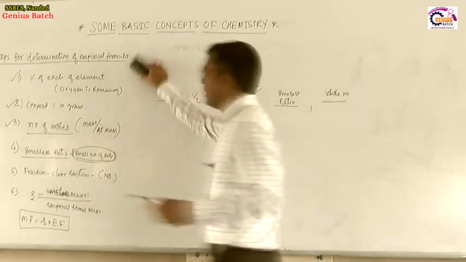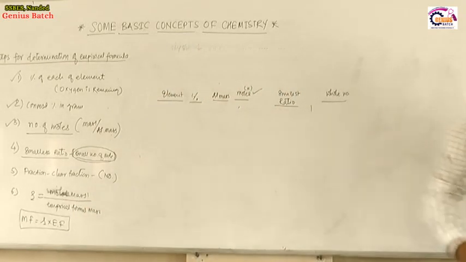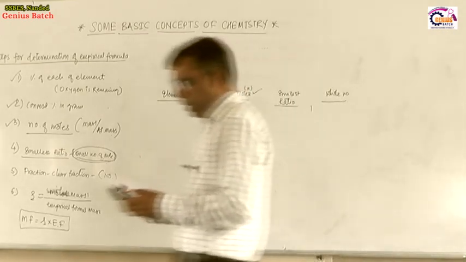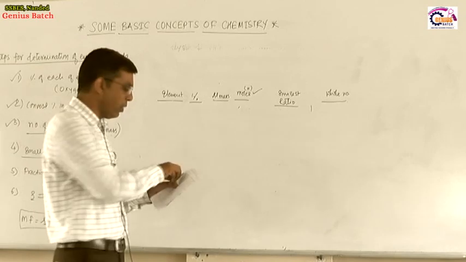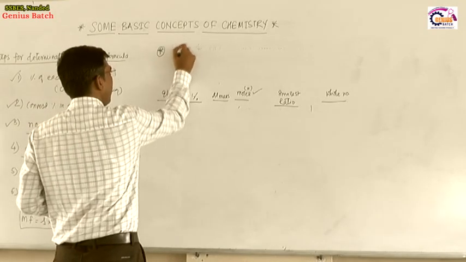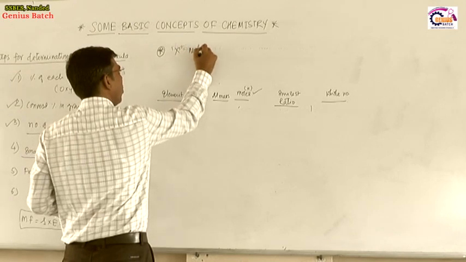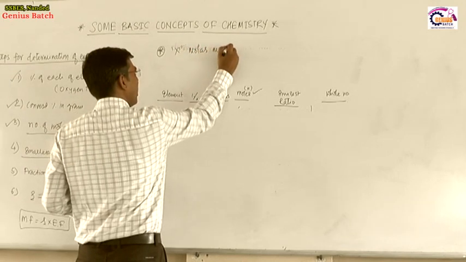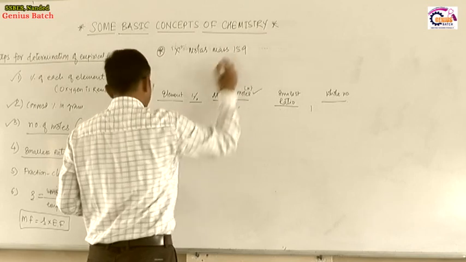So let us solve another example for determination of empirical formula, a compound with molar mass. Compound X is there, its molar mass is 159.